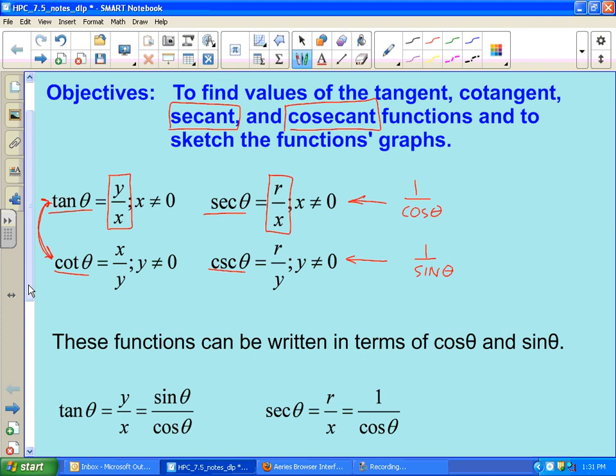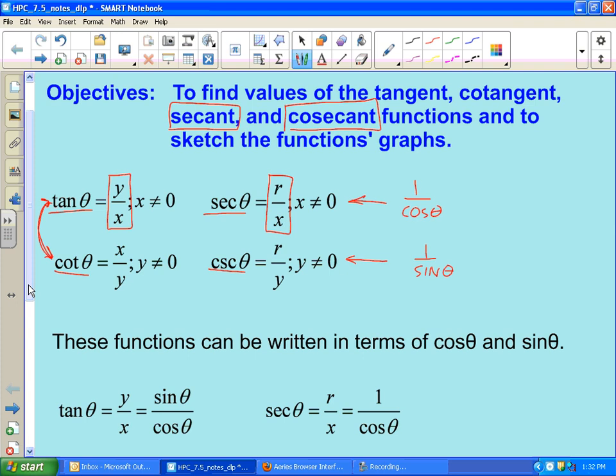So graphically speaking, when we have y's or x's in the denominator equal to 0, what kind of asymptote do we create? You have a vertical asymptote. So these 4 all have vertical asymptotes for their graphs.